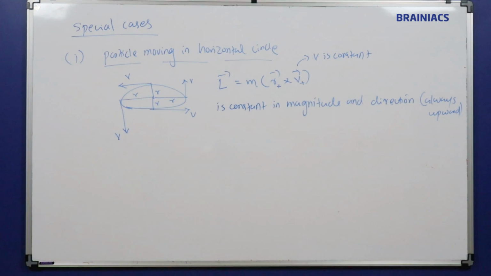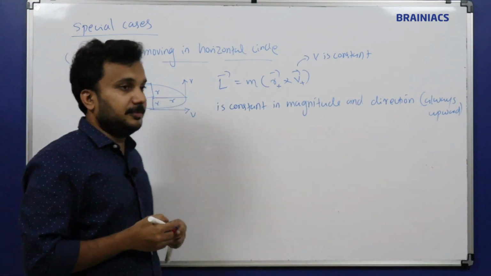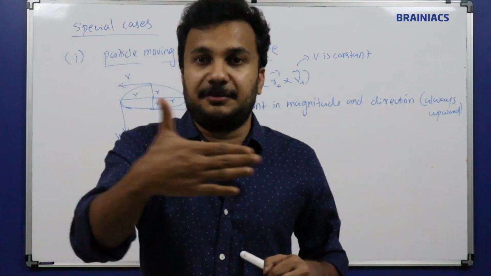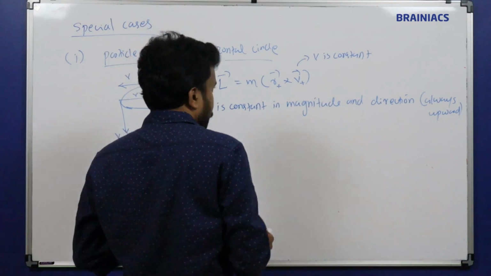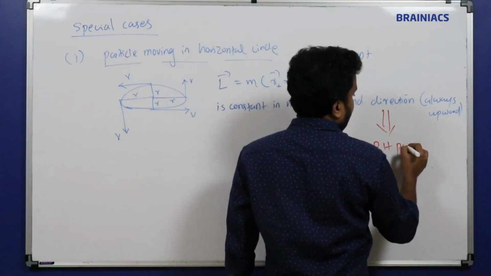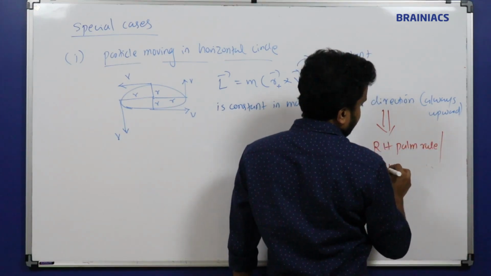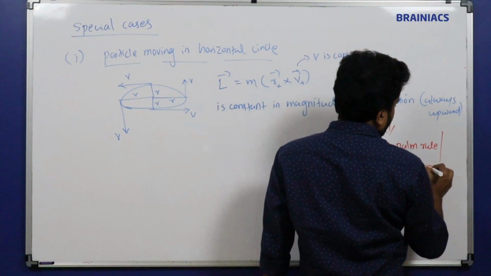Next we'll see the next special case, the second case. Very important. This sentence might get confusing, but what is the meaning? Everywhere you have to use the right hand palm rule, or I can say right hand thumb rule, anything you can say.